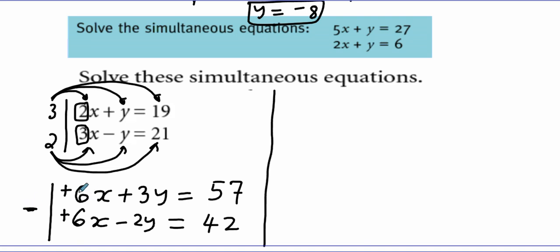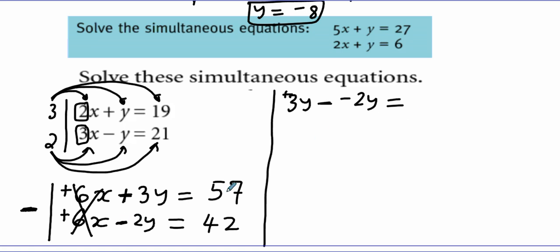6x minus 6x, this cancels. Now 3y minus negative 2y, so you write here 3y minus negative 2y. Be very careful over there. This is the part which confuses students the most. Positive 3y is here, minus negative 2y.